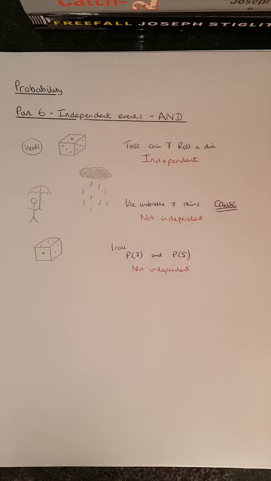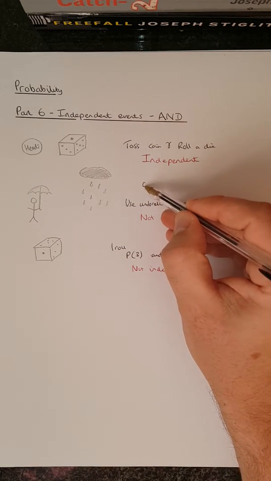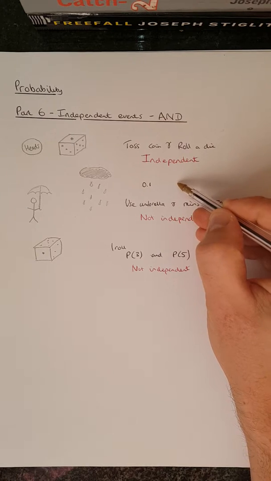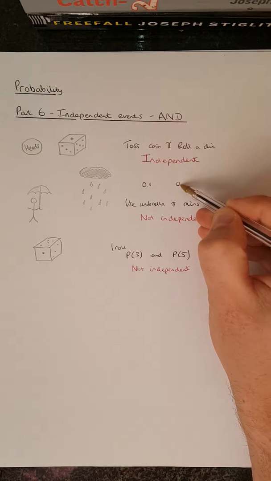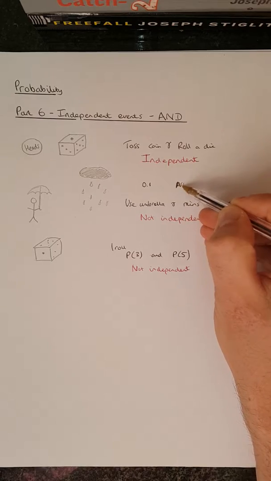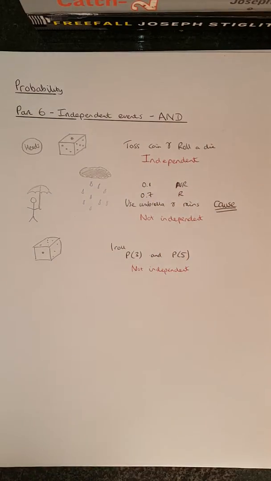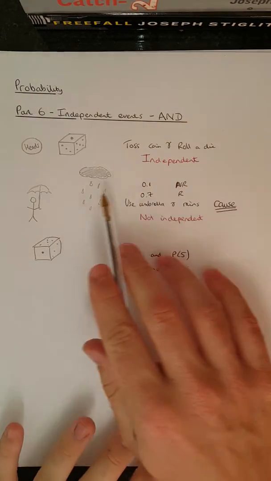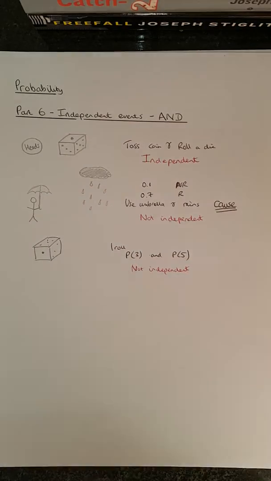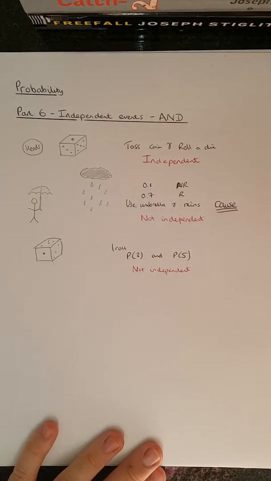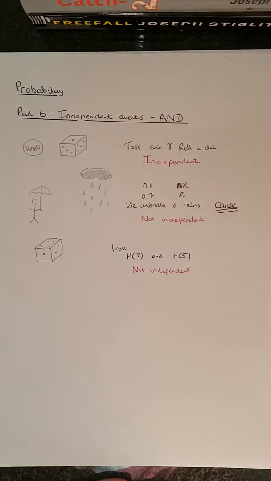So for example, the probability of the umbrella might be 0.1 if it's due to not rain, and if it's due to rain that day, the umbrella might be 0.7. Now I say due to rain, it could be that it's actually raining because you could find an umbrella and use it. But there's a cause in the relationship there. The rain impacts the umbrella.